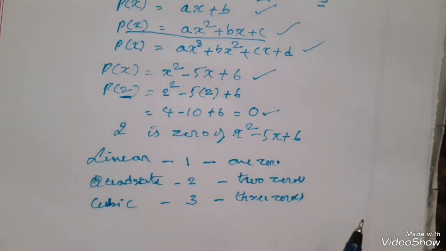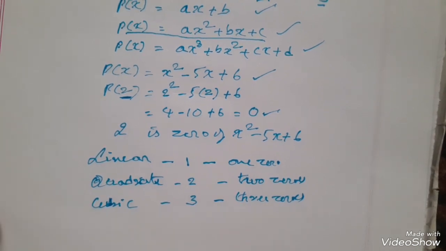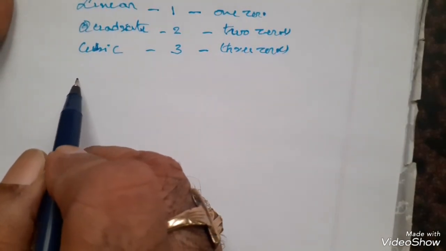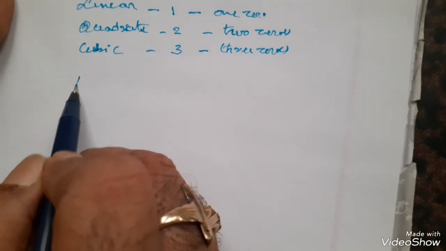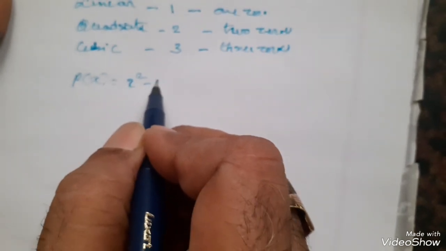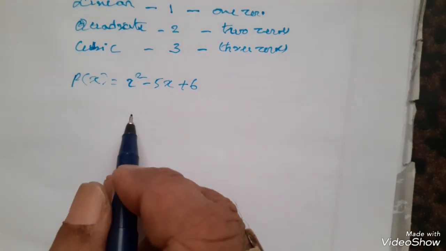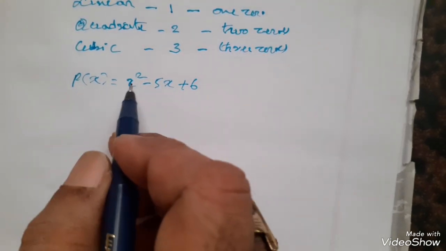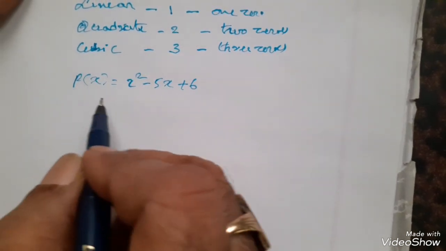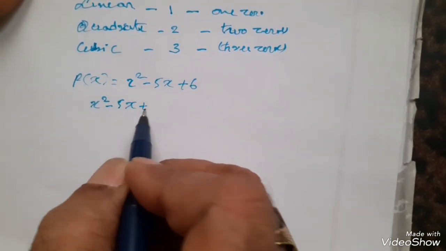Now let us see how we can find zeros of the quadratic polynomial. Now see, you take one quadratic polynomial, p of x equal to x squared minus 5x plus 6. How can we find zeros of the polynomial? What is the degree of the quadratic polynomial? It's 2, so it has 2 zeros. First you find the factors of x squared minus 5x plus 6.